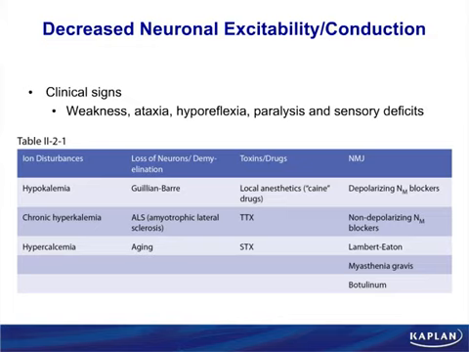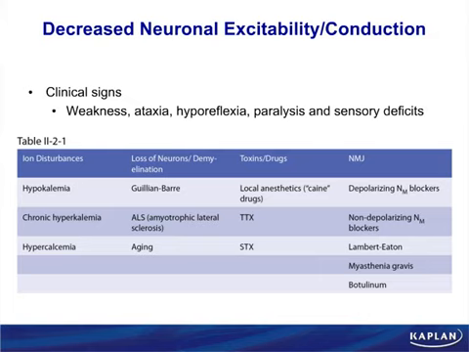All right, we have to create a differential for every question, right? Every question we get a differential. We're thinking decreased neuronal excitability because they gave us a clinical vignette in which they said that the patient was hyporeflexic, complaining of weakness, there was some level of ataxia. That's telling us there's decreased neuronal excitability.